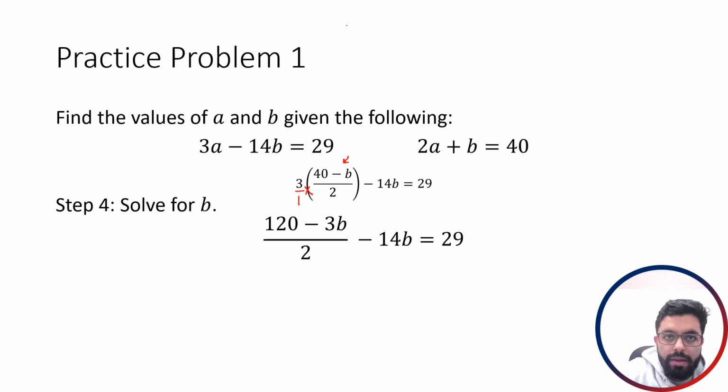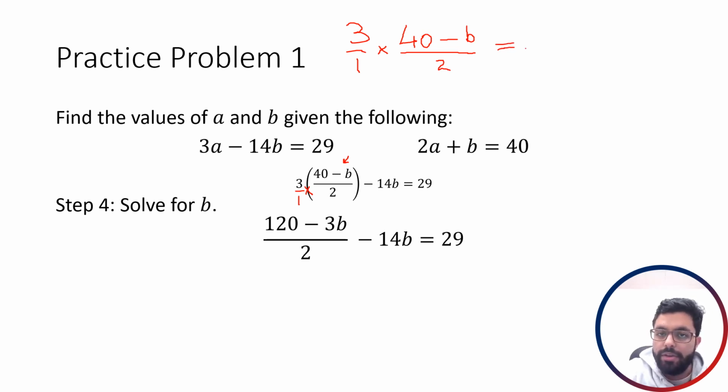So when I do that, I'm going to write it up here. That's 3 over 1, because that's the same thing as 3, times 40 minus b all divided by 2. Now we know how to multiply fractions. We multiply the numerators together, we multiply the denominators together. Denominators are easy. That's 1 and 2. 1 times 2 is 2.